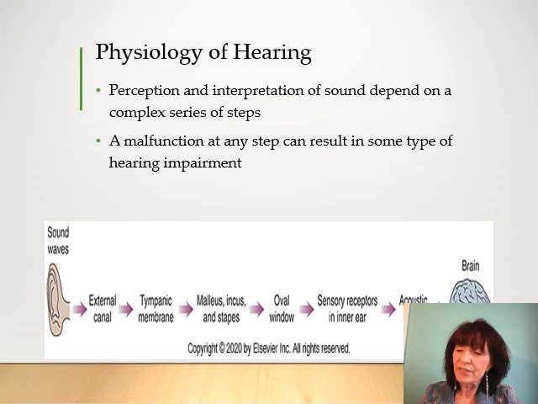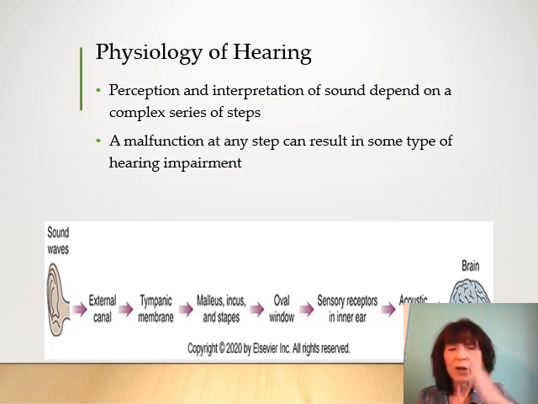All right, the physiology of hearing. Perception and interpretation of sound depends on a complex series of steps. A malfunction at any step can result in some type of hearing impairment. So you can see how the sound waves come into the external canal and go to the tympanic membrane, which vibrates and moves the malleus, incus, and stapes.